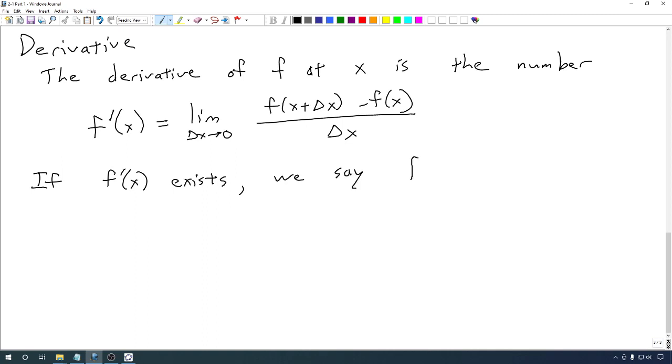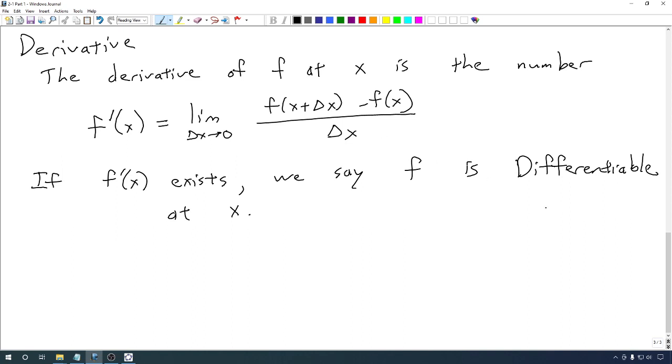we say f is differentiable at x. So it's a different word here, but derivative and differentiable just go hand in hand.